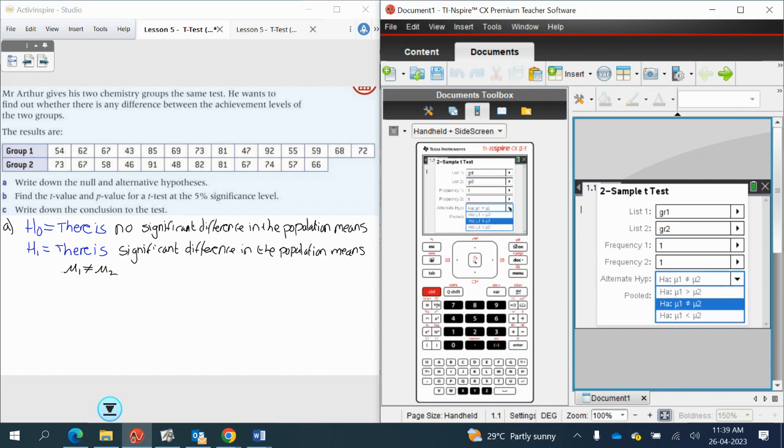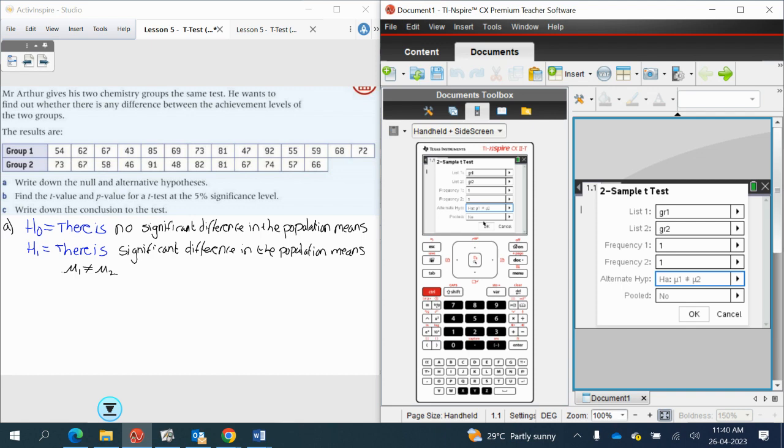So here, the alternate hypothesis, you have 3 choices. Has things got worse? Is there a significant difference between them? Has things improved? So we want, in this case, is there a significant difference between them? So we want this one.